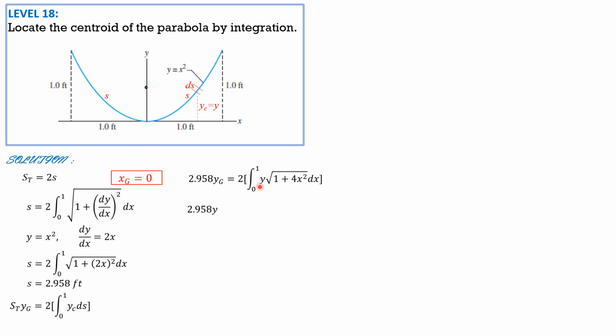Substituting the value of y, which is x square. So 2.958 yg is 2 times integral 0 to 1, y is x square, then square root of 1 plus 4x square dx. Using the calculator, yg is now 0.4100 of a foot.